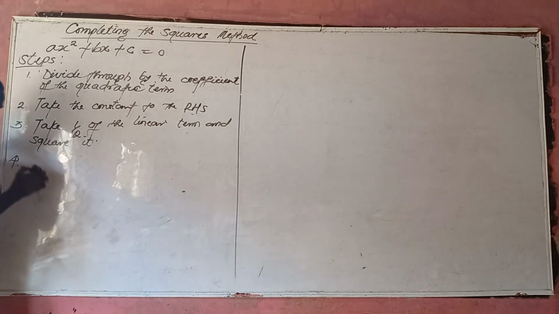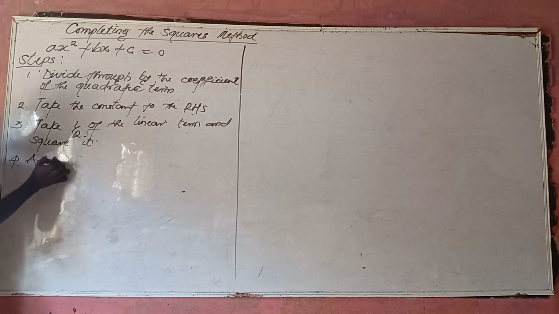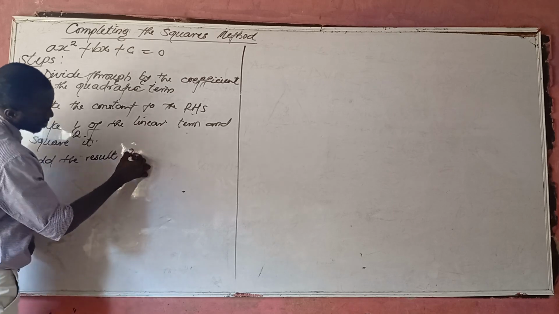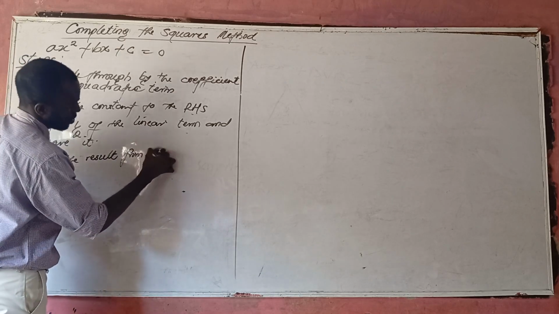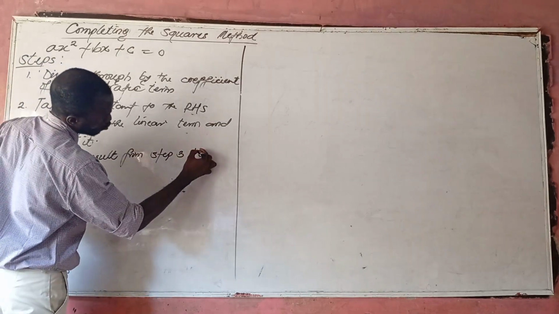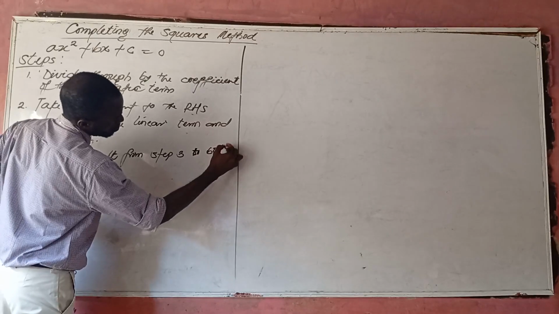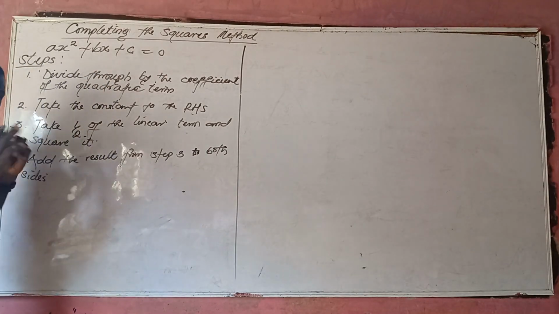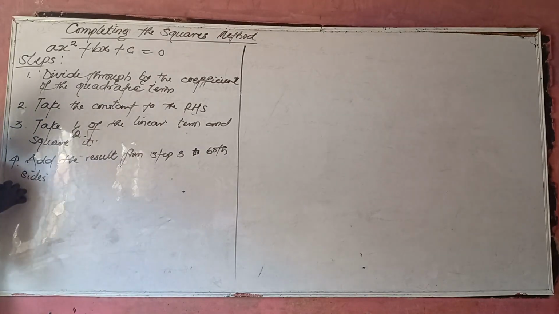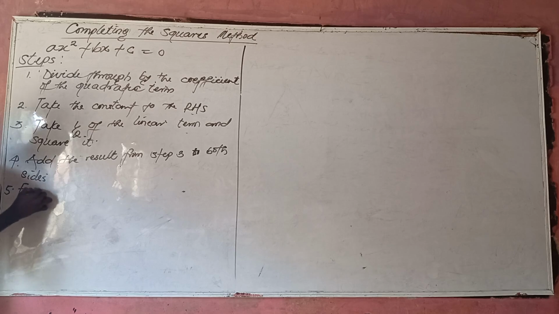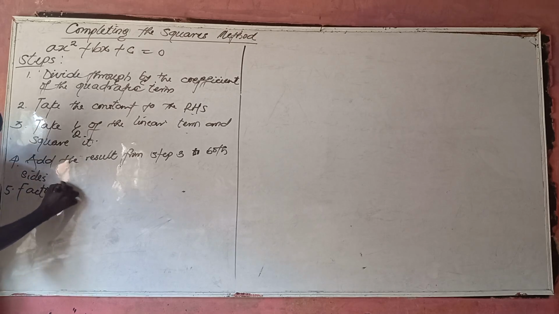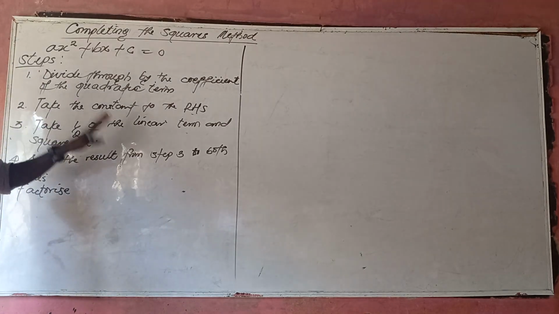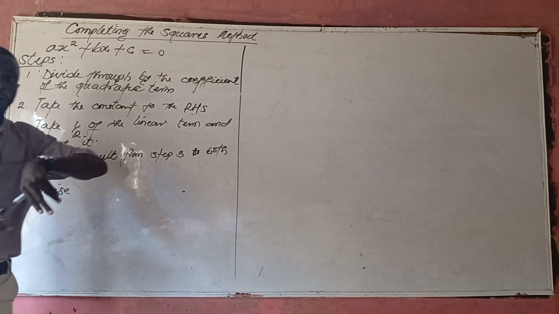Then step 4 says to add the result from step 3 to both sides. You'll soon see that it's a very simple approach. It's a very, very simple technique. Then step 5, factorize as applicable. Okay, so let's use it to generate the Almighty formula.